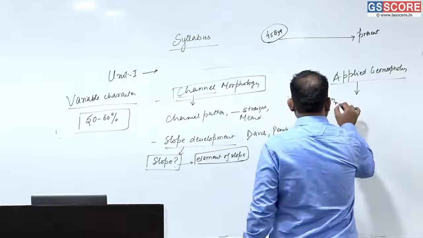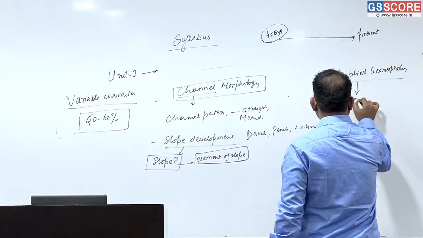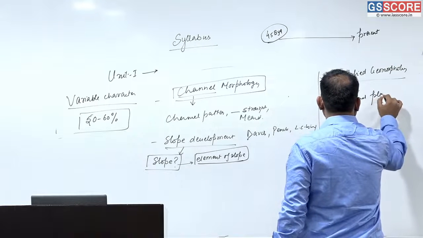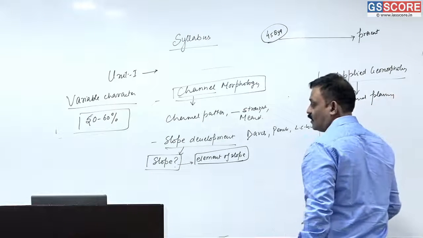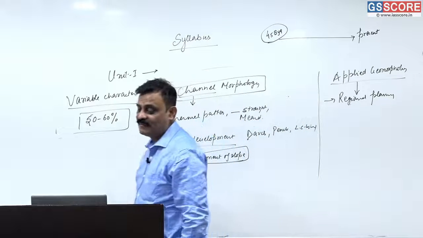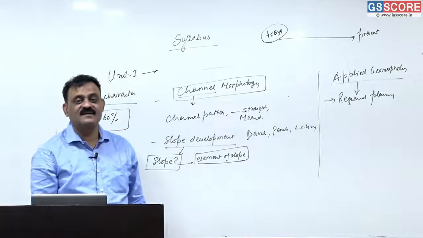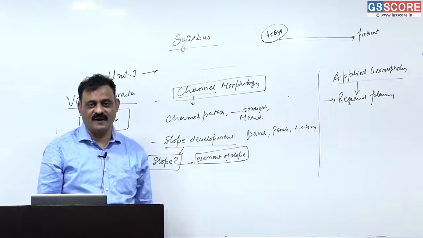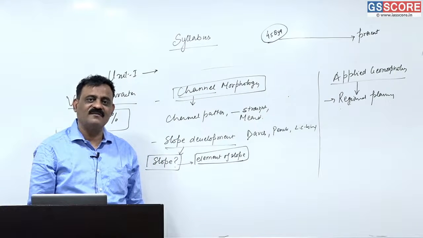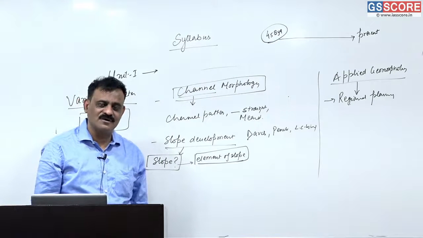So is it possible that we can apply them in regional planning? Because different surfaces or different regions have a different character. They have a different structure, they have different processes operating, or they may have a different denudation chronology.